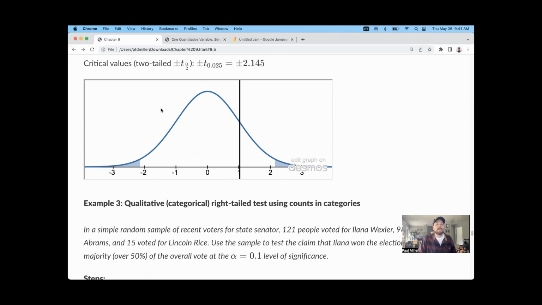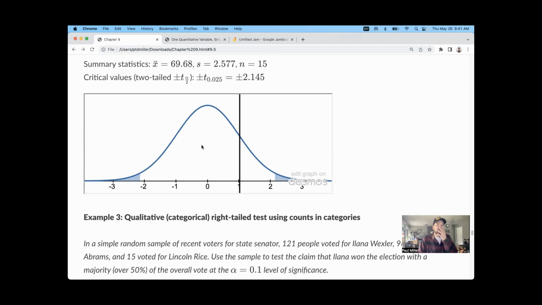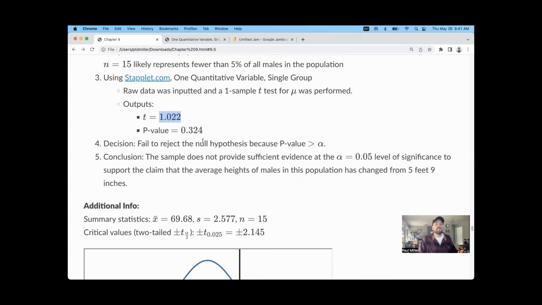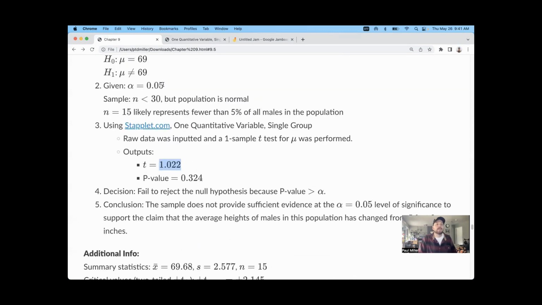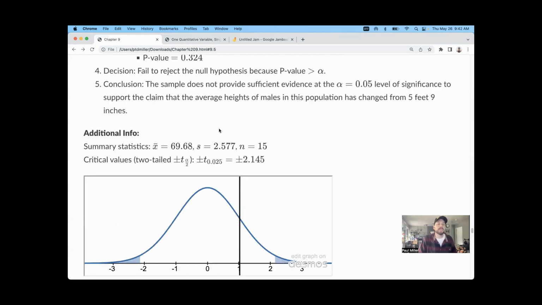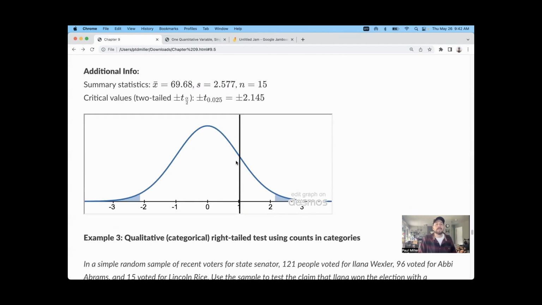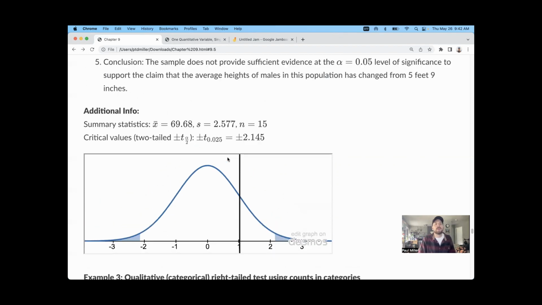We could easily land in this region, and we will land in this region 95% of the time because we've excluded the 5% on the extremes. So we're saying, look, we're pretty close to the middle. We're not right on the middle, but we don't expect to be all the time. This is within the margin of error for just sampling. Sometimes your sample's a little high, sometimes it's a little low.